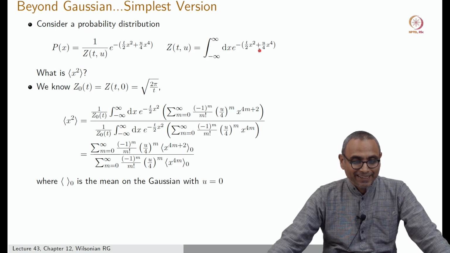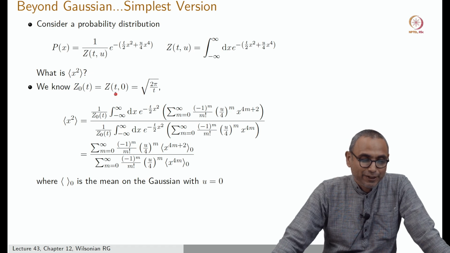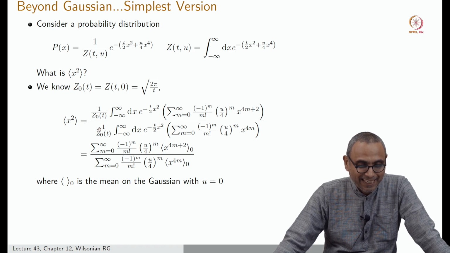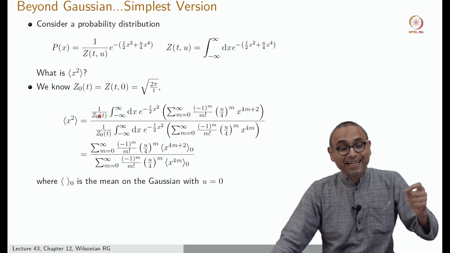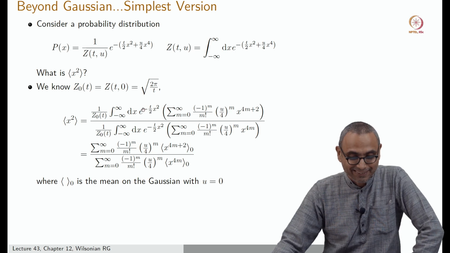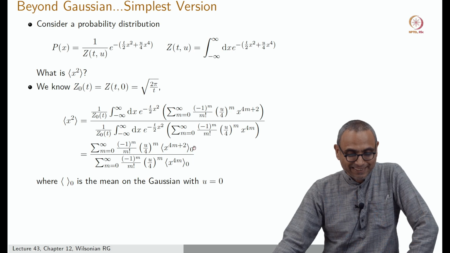Okay, now what I do is, I do a beautiful trick. I say that if I know what the partition function is when u is 0, that's what I call Z0, and we know that's just the square root of 2 pi by t. So I just divide the numerator and the denominator by Z0. Oh, but then you suddenly realize that this is like taking the expectation value on the pure Gaussian. So that is why we call this 0, which means that it is the pure Gaussian with u equal to 0.